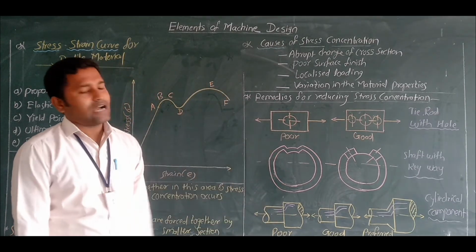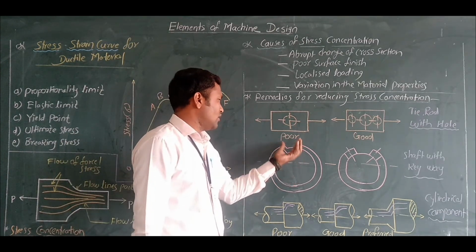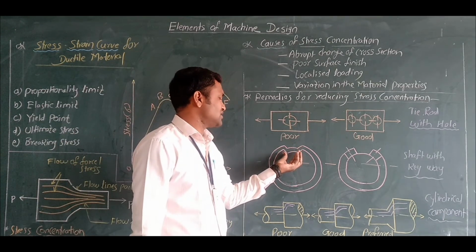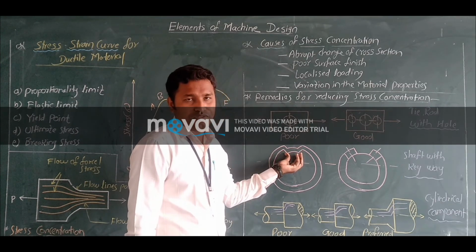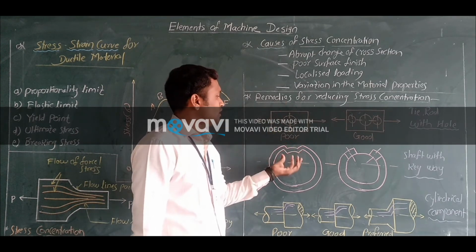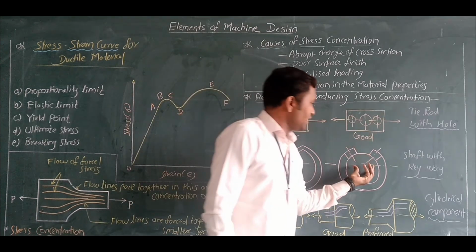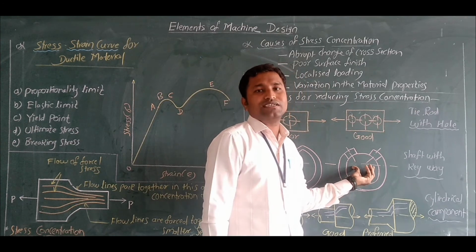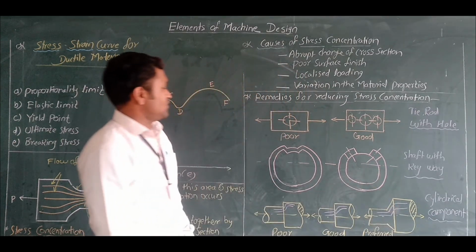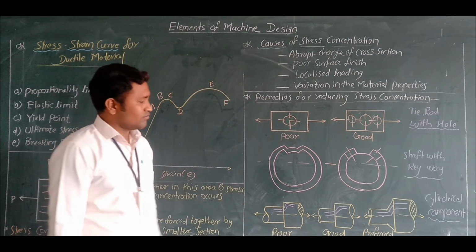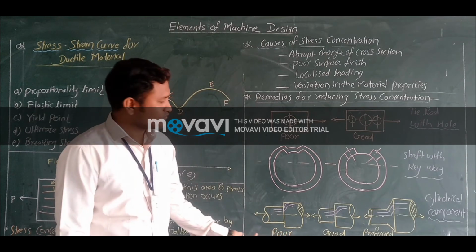Then you see the shaft with a keyway. Obviously, the stress will be concentrated at this section. So how will you remove that stress concentration? You provide some holes near the keyway. Then you see one rod, a specimen loaded under tension.